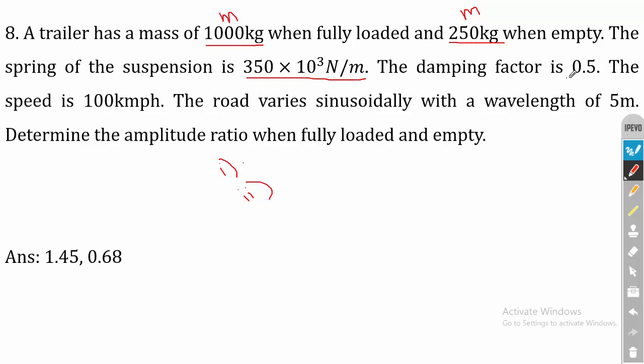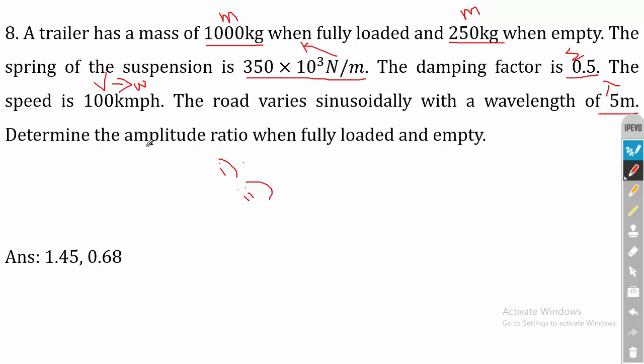The damping factor is 0.5, that is eta is given, k is given. The speed is 100 km per hour. So speed is given as V, that is kilometer per hour. Convert it into omega, that is radian per second. The road varies sinusoidally with the wavelength of 5 meter. Lambda is given.